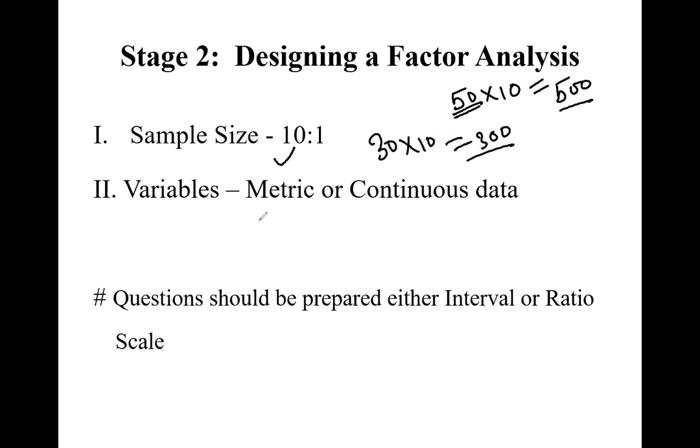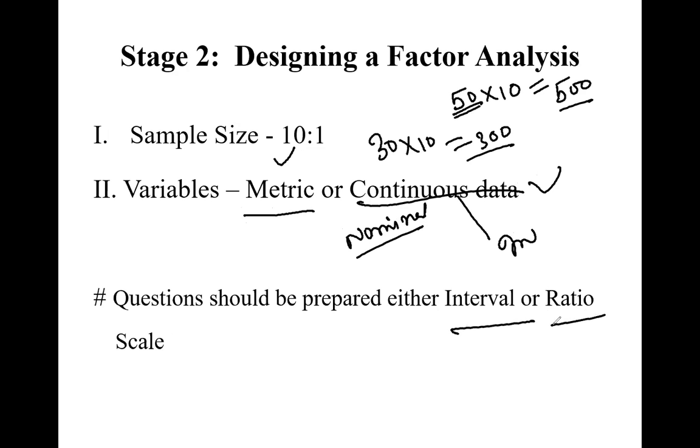And what type of questions do we prepare? Continuous or metric data. We do not use questions related to a nominal scale. We use continuous data, meaning our questions should be interval or ratio. In the previous lecture I told you every statistical tool and technique has its own assumptions. So before applying any statistical tool, we should check them.